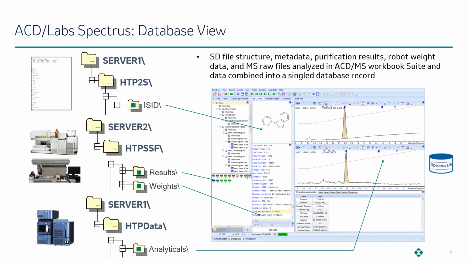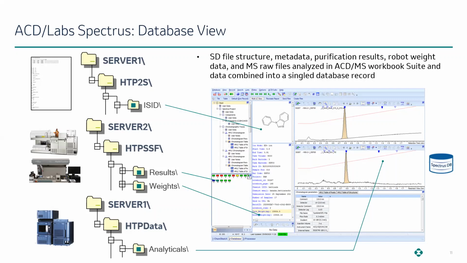The Spectrus DB window contains a customizable visual interface of the entire record with SD file structures, all metadata, including the purification results that include information about the method, barcode, robot weight data, and the final analyzed UV-MS raw files. So each well plate refers to a data set, which is essentially a barcoded fraction.